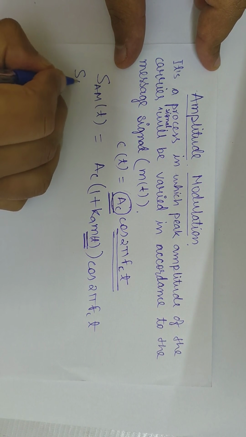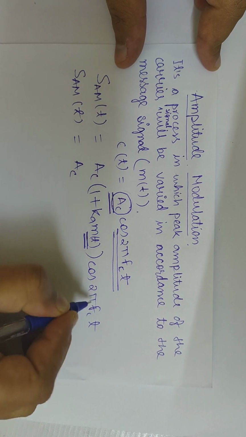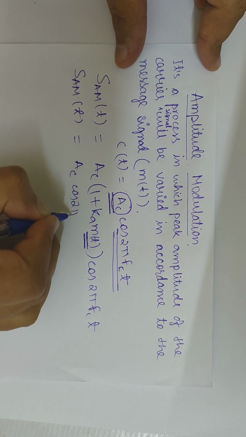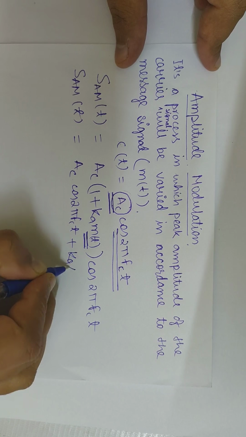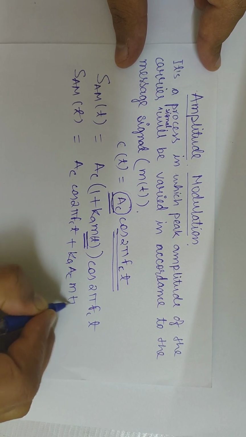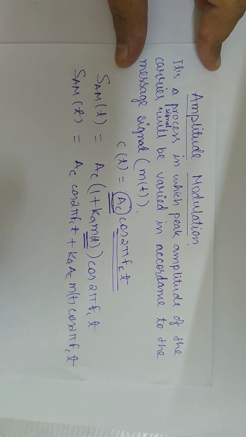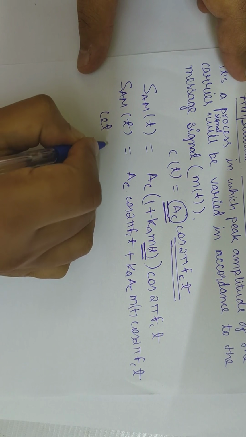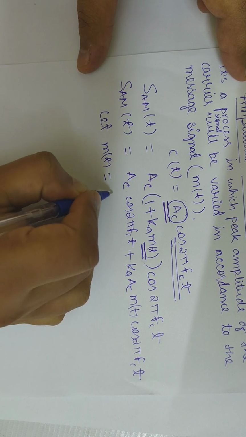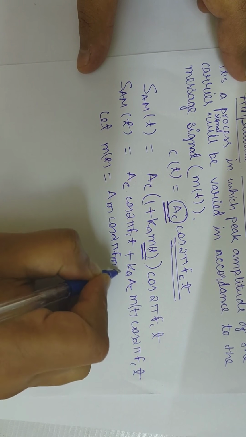I can write the AM signal as Ac cos 2 pi fc t plus Ka Ac m(t) cos 2 pi fc t. Let us assume that m(t) is Am cos 2 pi fm t.